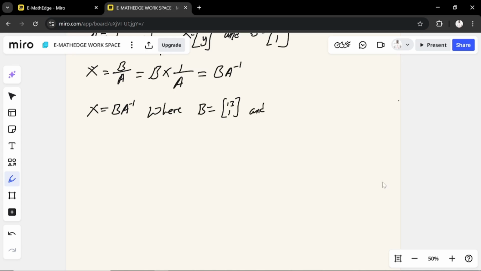And we don't know what the inverse of A is. So what we are going to do is to find the inverse of A.